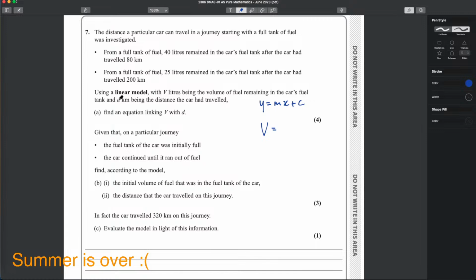D is the independent variable, so it's going to be something D plus something. It doesn't say what the amount of a full tank is, so we won't know this plus c yet.